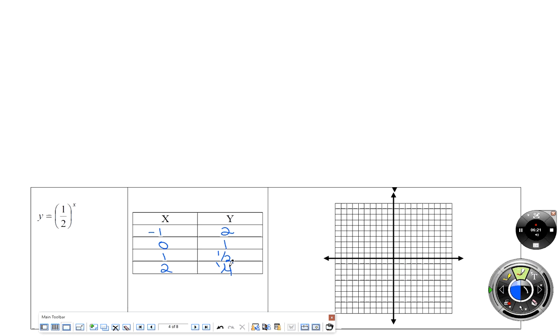Okay? So what we see here is something like this. But again, you still have this asymptote at y equals 0.